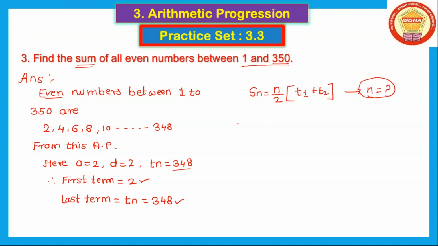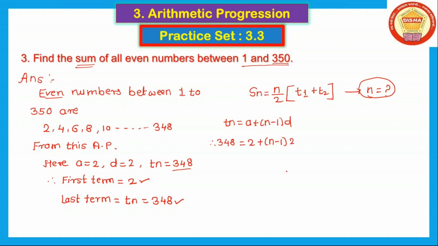To find this, we use the formula Tn is equal to A plus n minus 1 into D. We put A as 2. The last term is given, that is 348, is equal to 2 plus n minus 1, and the common difference is again 2.